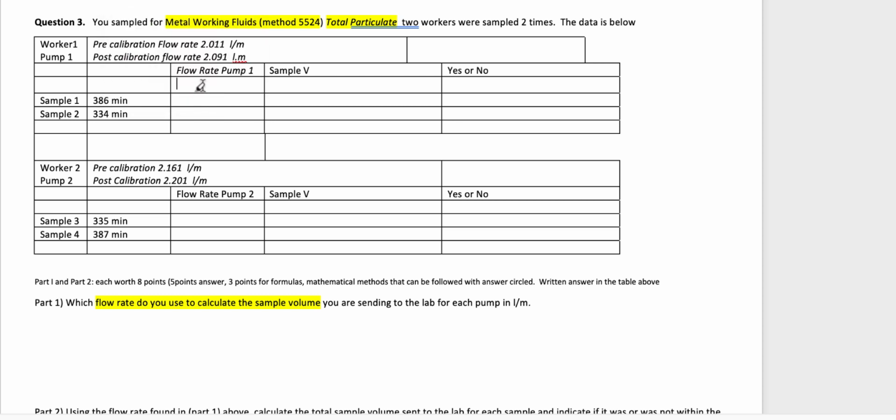So we know that first we have to solve for our percent error, which is pre-calibration minus post-calibration divided by pre-calibration.